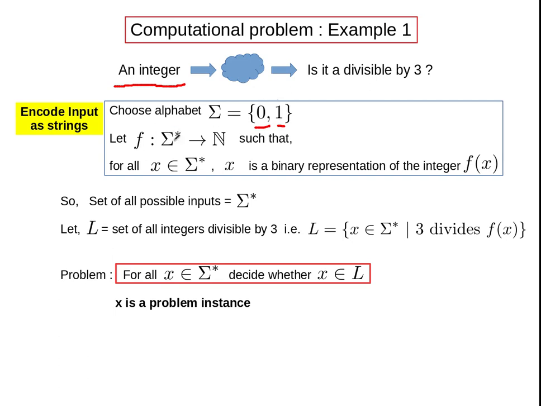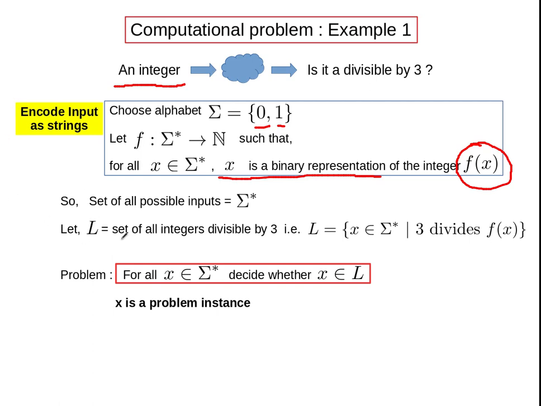Now you want to interpret the strings as numbers because you want to encode these numbers as strings. So you have this function from strings to integers such that for any string x constructed out of the symbols 0 and 1, x is a binary representation of this integer. So this f of x is the corresponding integer, and x is a binary representation of this number.